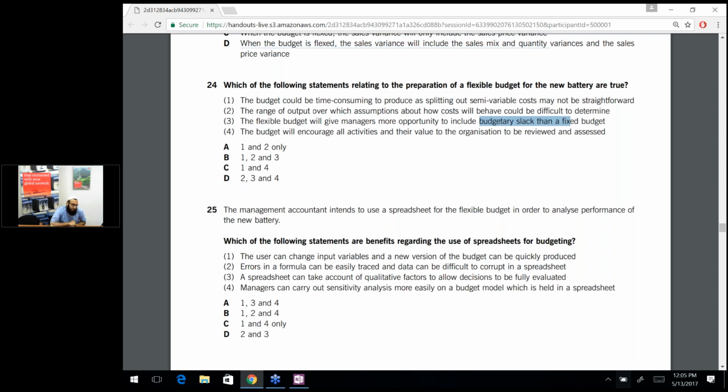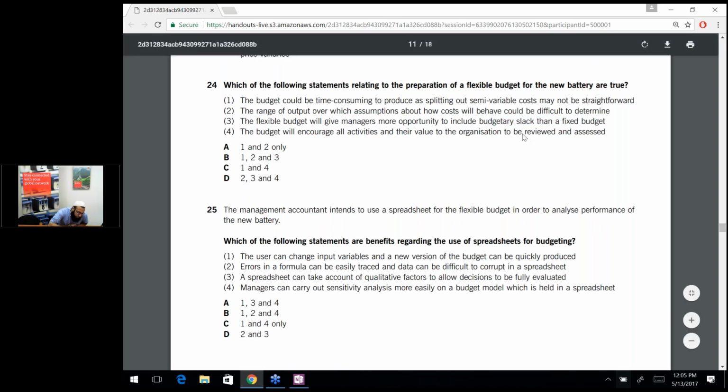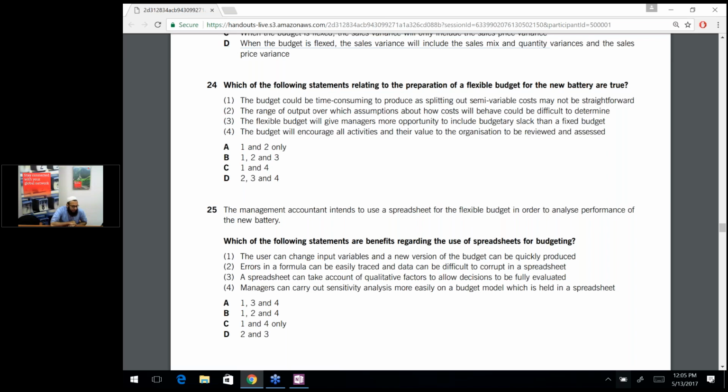The last, the budget will encourage all activities and their value to the organization to be reviewed and assessed. This is not a correct statement either. So the correct answer is quite clear, and that is option A. Statements 1 and 2 are the answers.